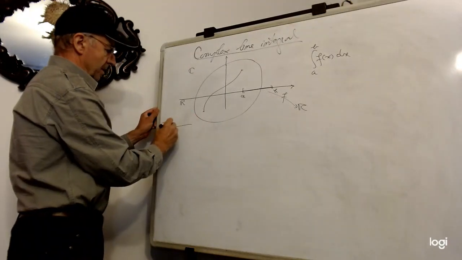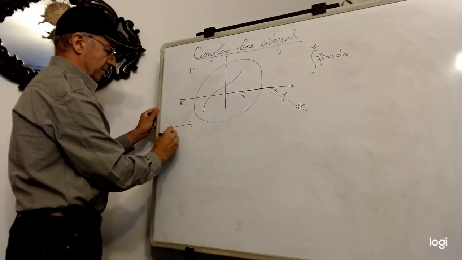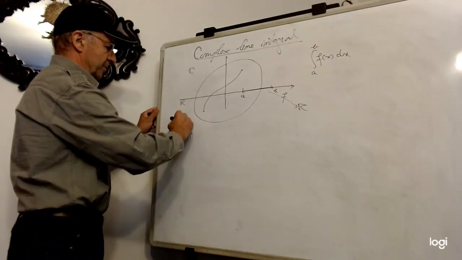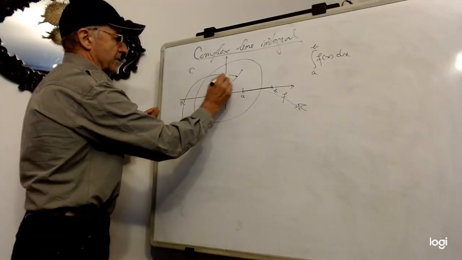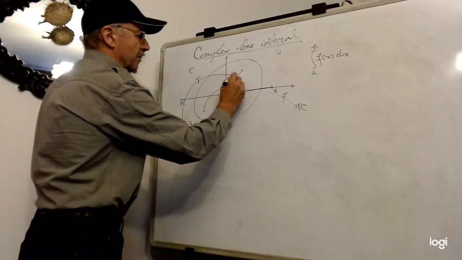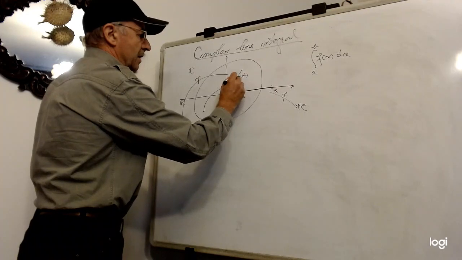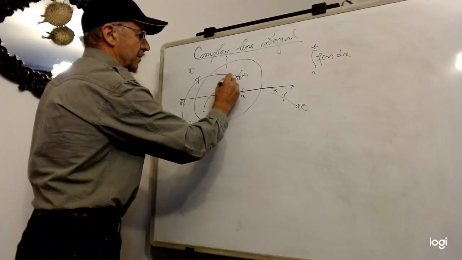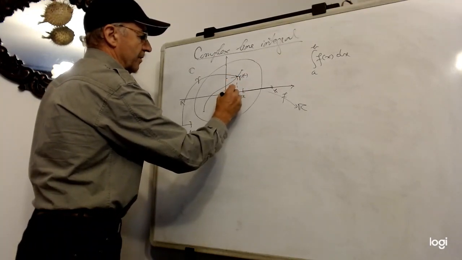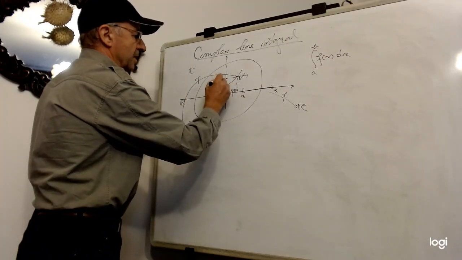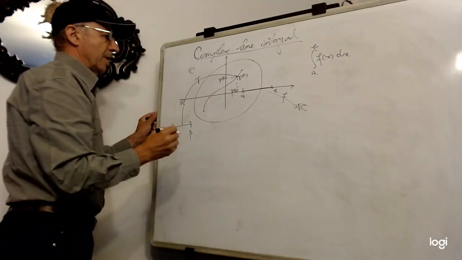We describe such a path by using a parameterization, a function gamma. Here is the point gamma of t. Gamma is a function defined on an interval alpha beta, and gamma of t has the real component phi of t, psi of t the imaginary part.